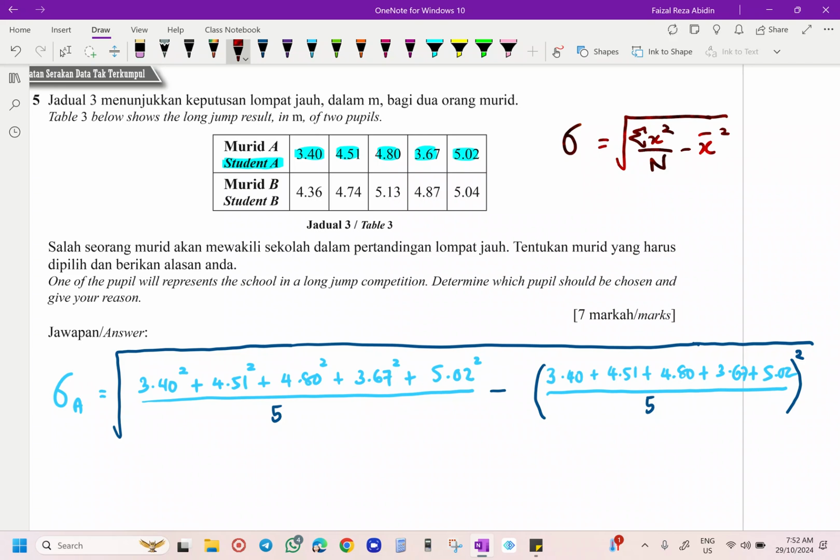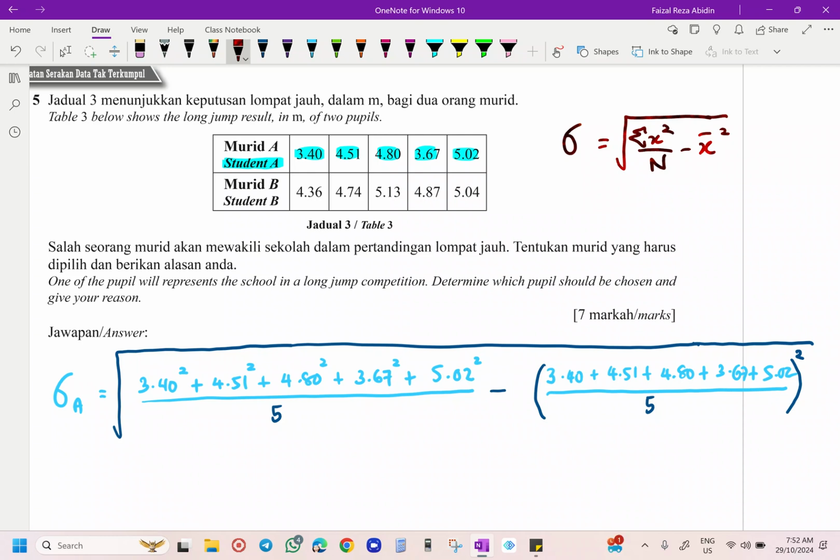What if I want to find the mean first? Can or cannot? Can. Then you substitute into your formula. If anyone says, teacher, I want to find the mean first because it's too long and I'm afraid of making mistakes, that's fine, no problem. You can find your mean first and then substitute back into the standard deviation formula.